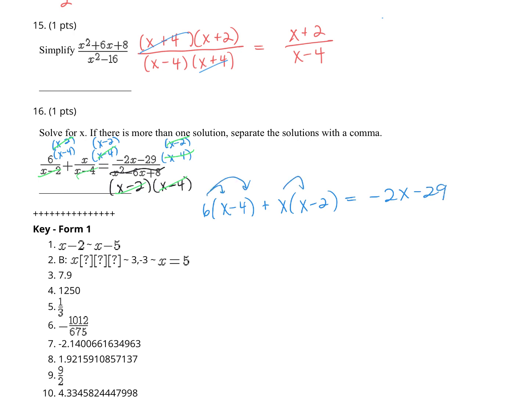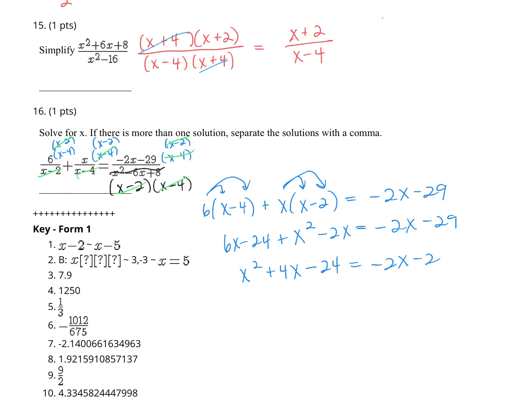We're going to distribute here. So we'll have 6x minus 24 plus x squared minus 2x is equal to negative 2x minus 29. We're going to have a quadratic equation. So let's combine like terms on the left. x squared plus 4x minus 24 equals negative 2x minus 29.